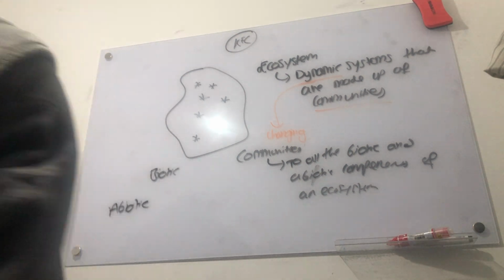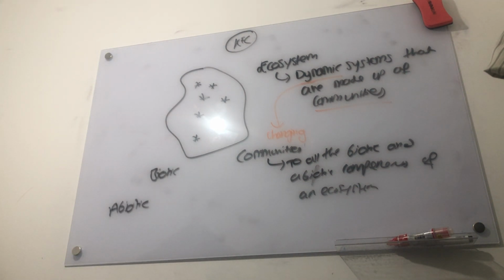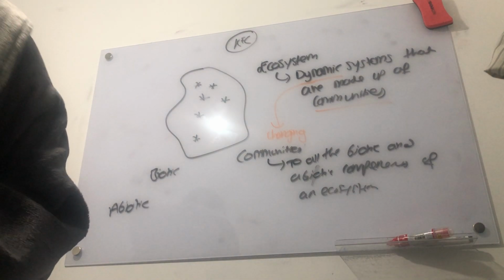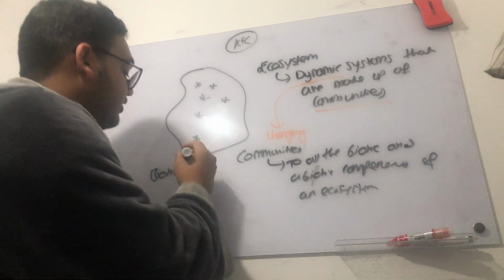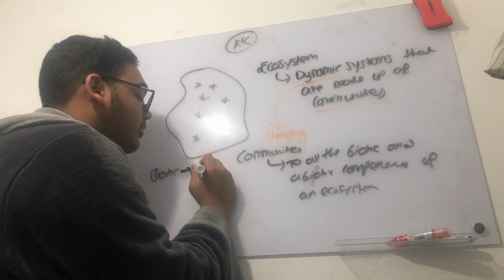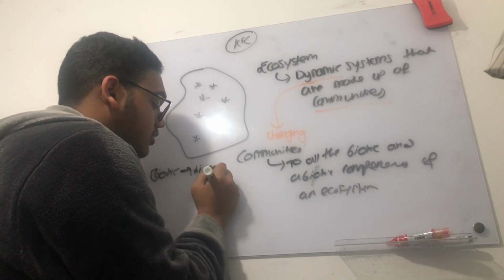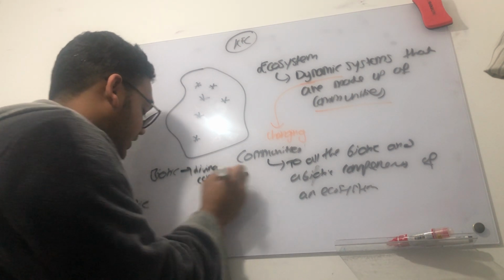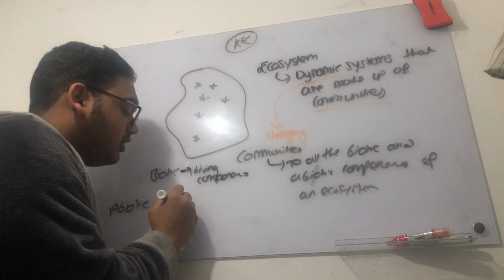I'm just going to get the proper definition out. Right, so biotic refers to living organisms or living components, and abiotic refers to non-living components.